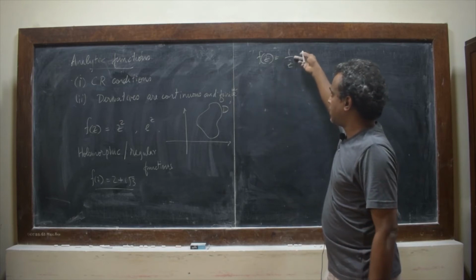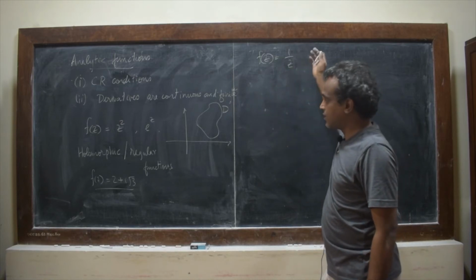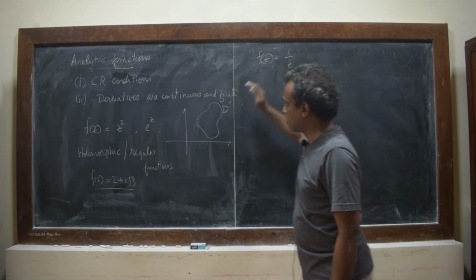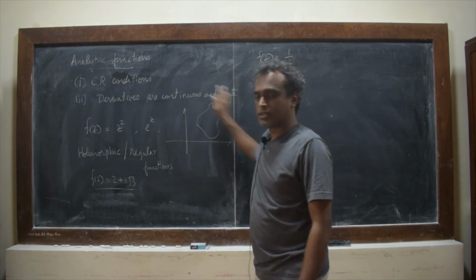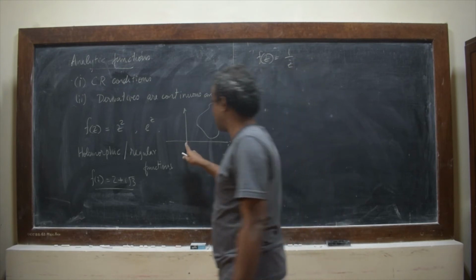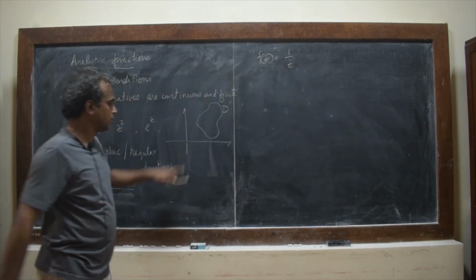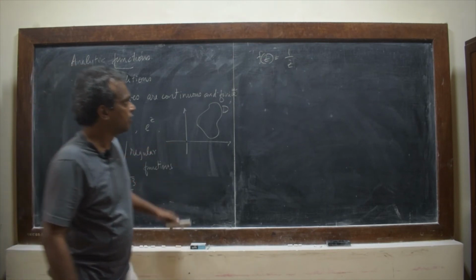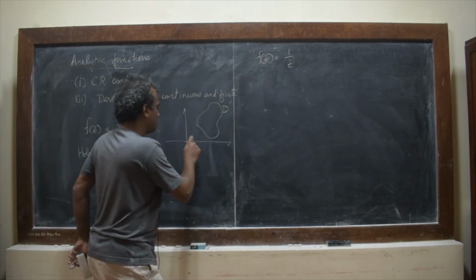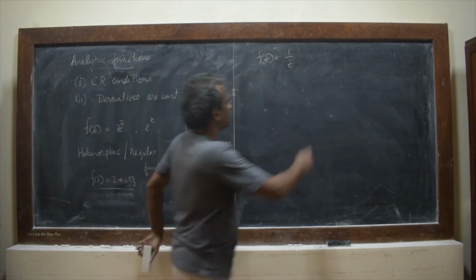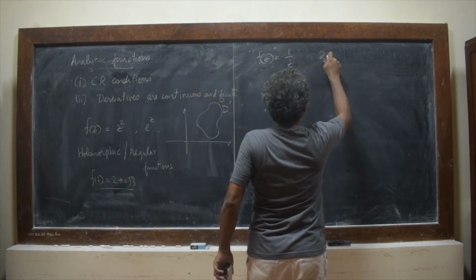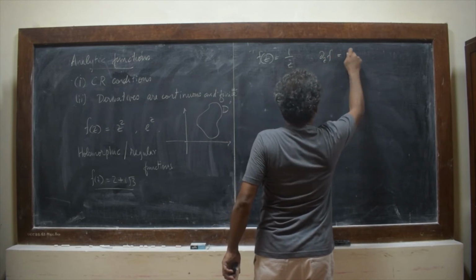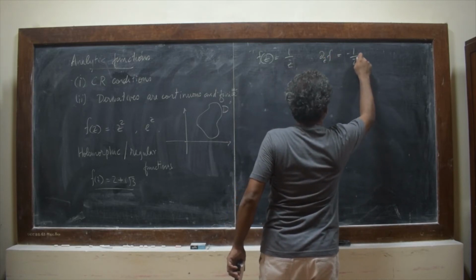If you look at the derivative of this function, that is also continuous and also finite at all points in the complex plane except at the origin of the complex plane. At the origin, if you take the derivative of this function, it gives us minus 1 over z square.